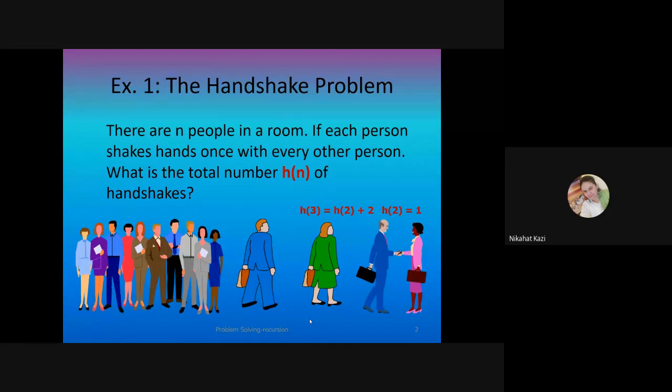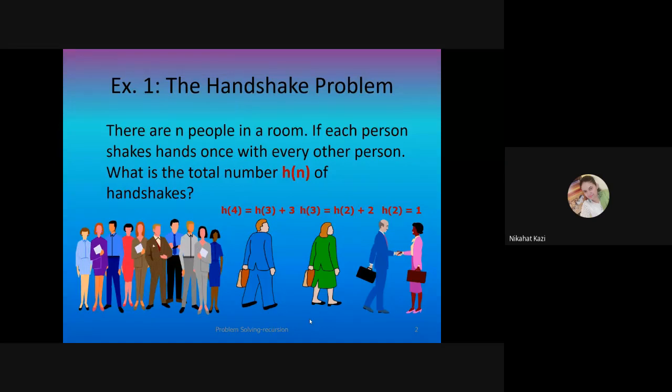What will be the number of handshakes? 6. But in terms of this expression, what will h of 4 be? H of 3 plus 3. Very good. Because for the fourth person, all these three people are going to shake hands with him, right?